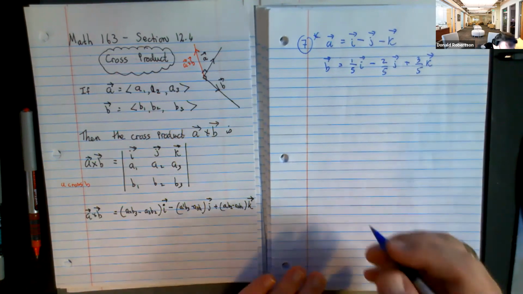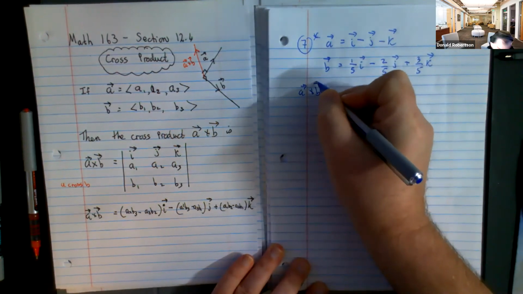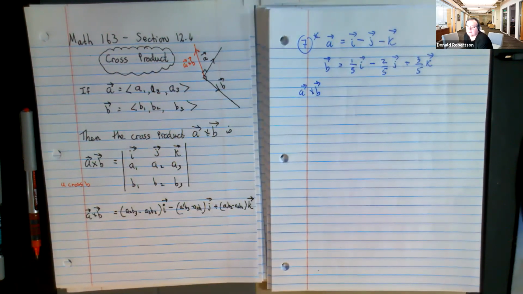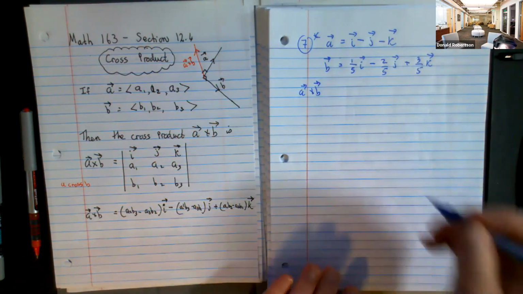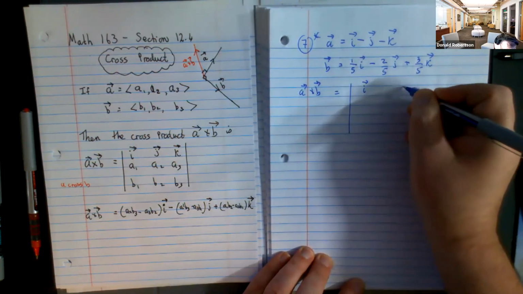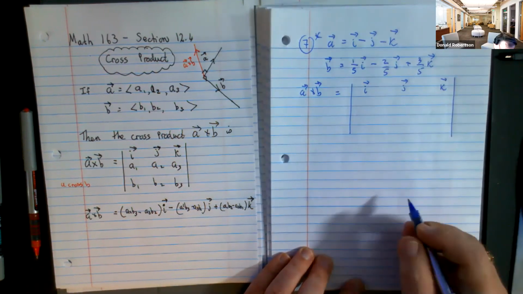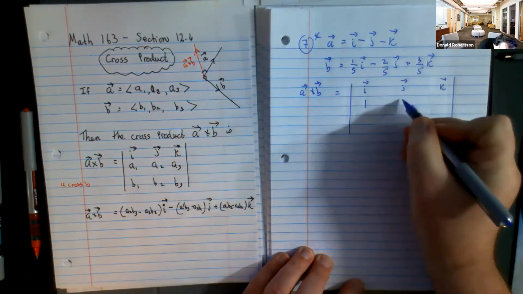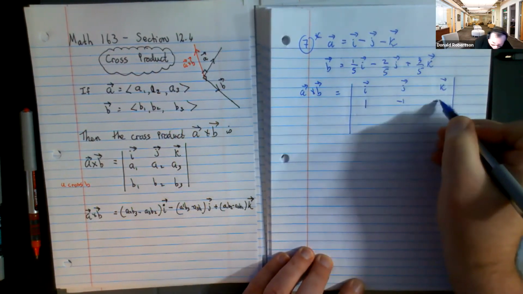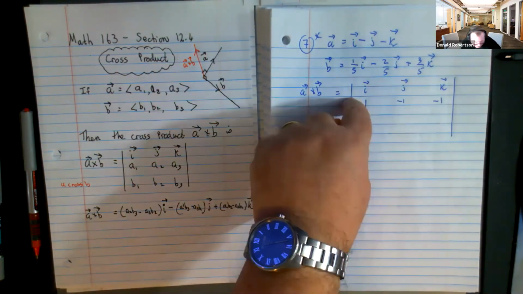And pretty much the standard question, right? Find A cross B. Well, we have an i, we have a j, and we have a k. And it's 1, negative 1, negative 1. Are we all comfortable about what A looks like?